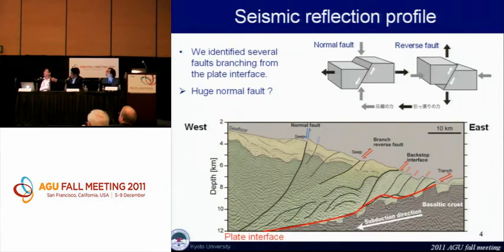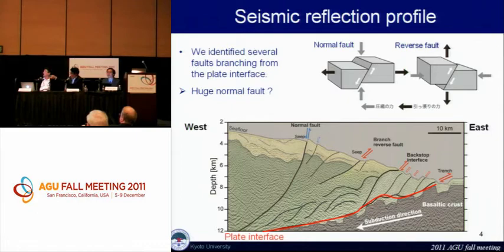So here, actually the displacement along the normal fault, there's an offset. This green part is the continental crust, and this offset is very large, about 800 meters. The earthquakes frequently used this displacement plane.